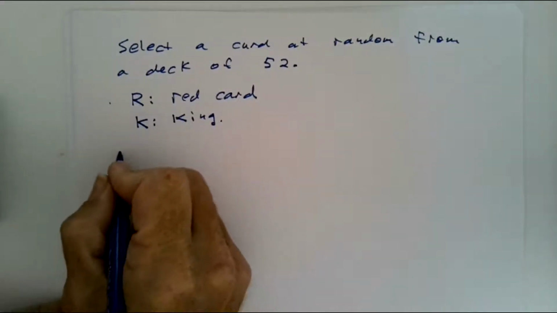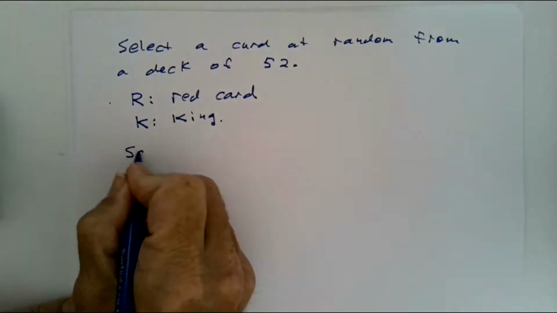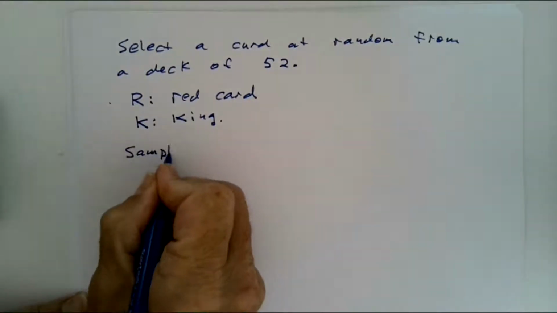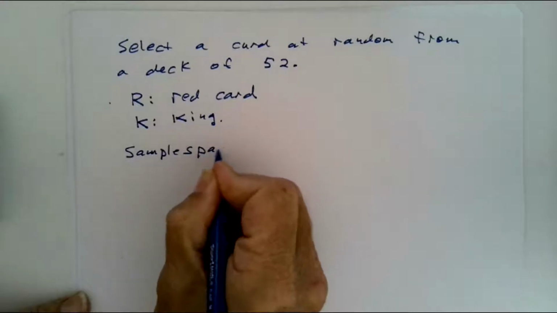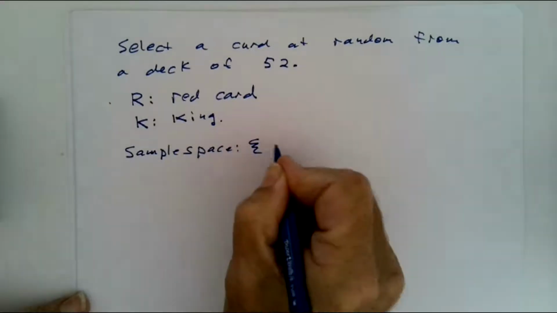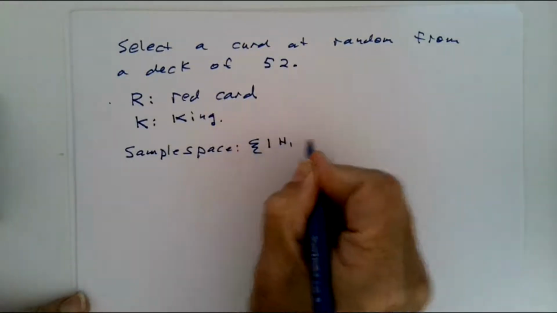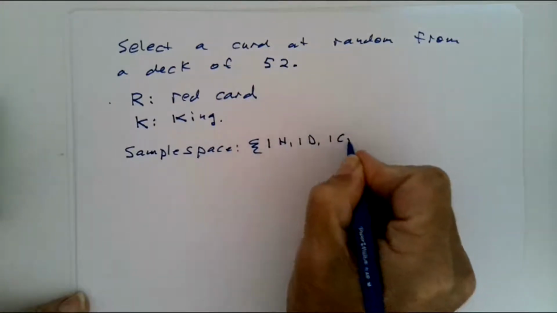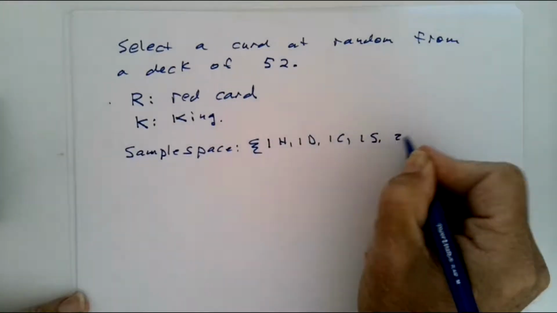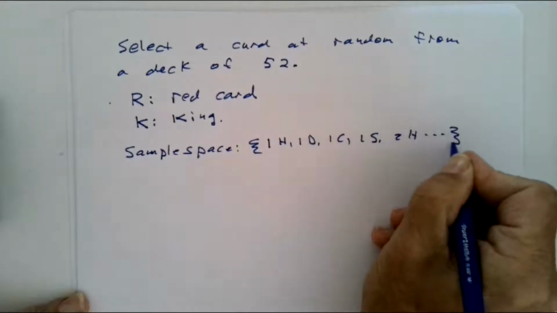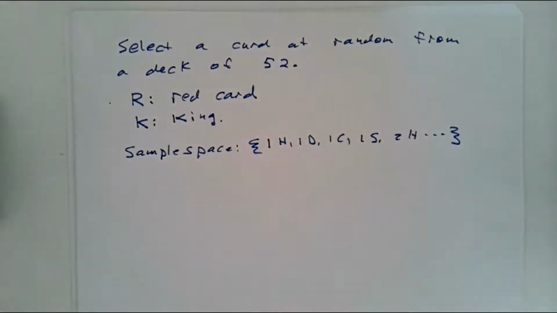So red cards, our sample space, again, S, is all 52. So we could list those out again: 1 of hearts, 1 of diamonds, 1 of clubs, 1 of spades, 2 of hearts, etc. So we have 52. How many red cards do we have?